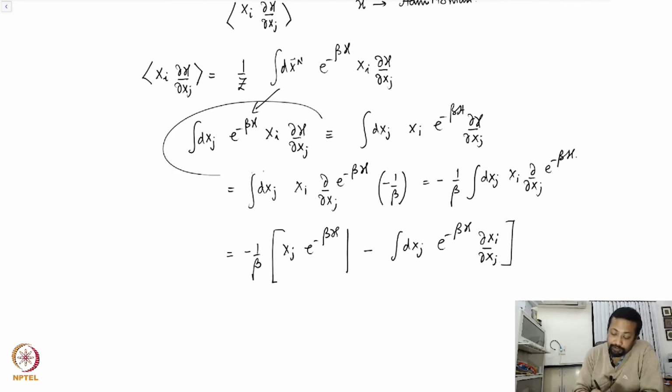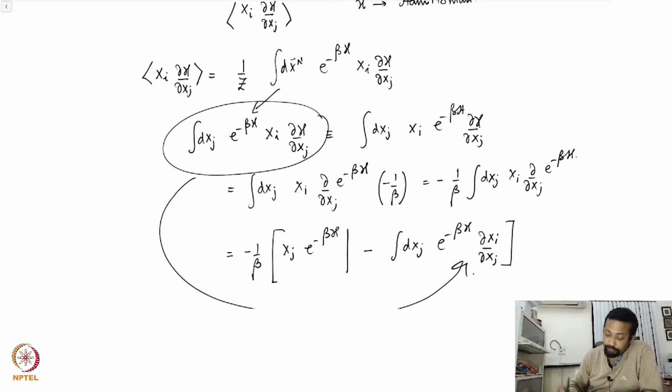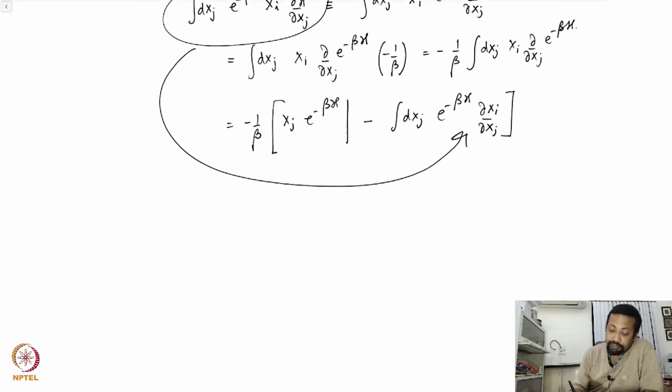So just this part of the integral has now come to this. But these are the boundary terms.